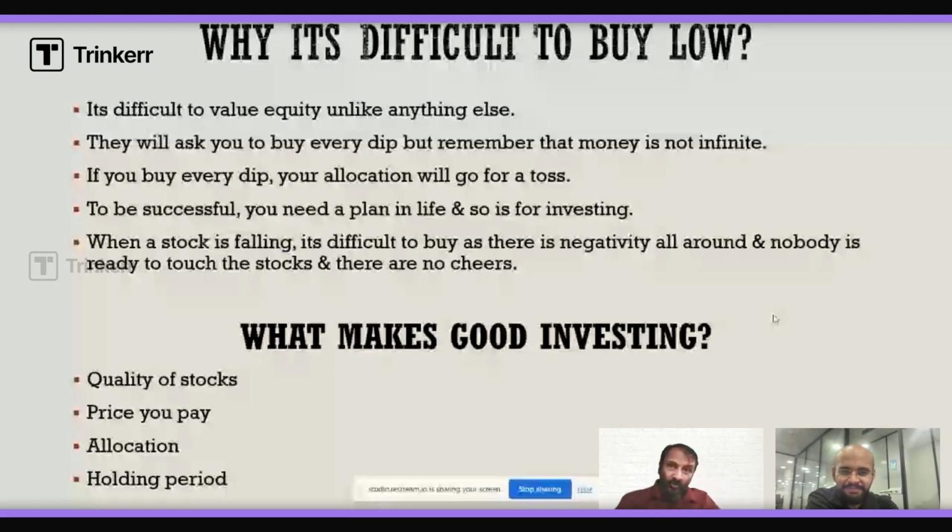But when it falls too much, there are negative threads on Twitter. CNBC comes and tells you that a lot of bad things are going to happen in the company. So when you hear all these things and nobody is cheering for the stock, it is very difficult to buy when your level comes. You have no confidence to buy. So you just keep quiet because there are no cheers.